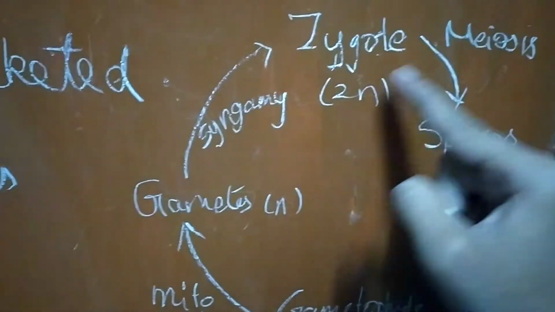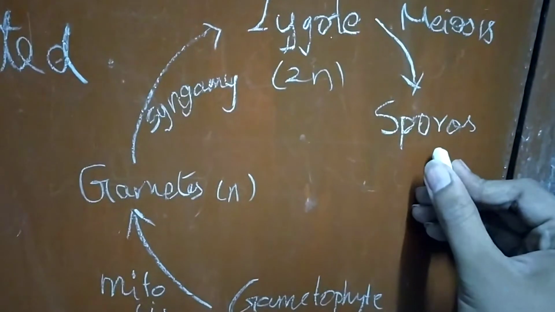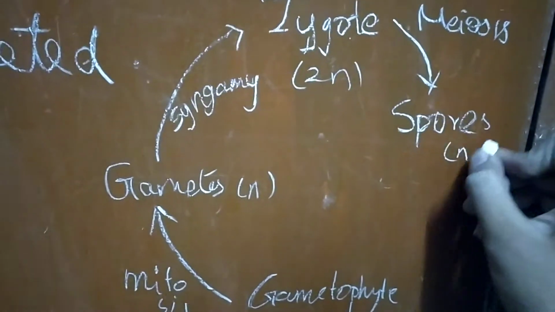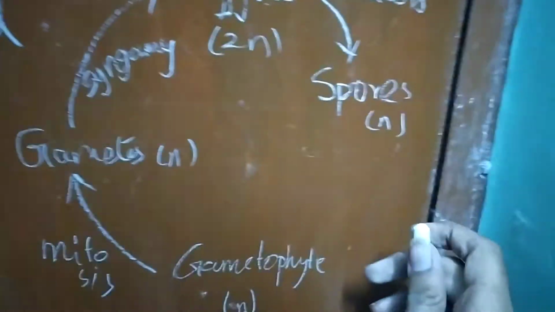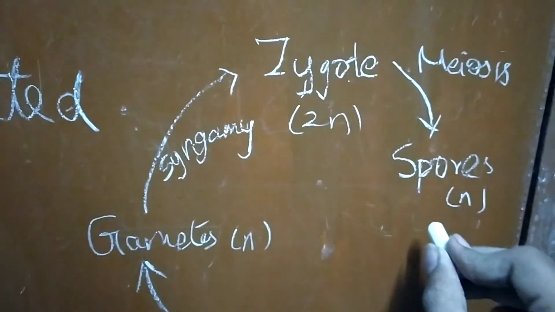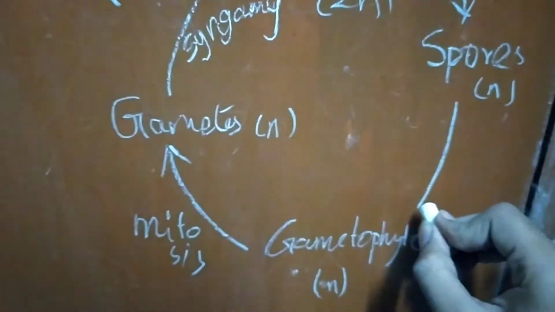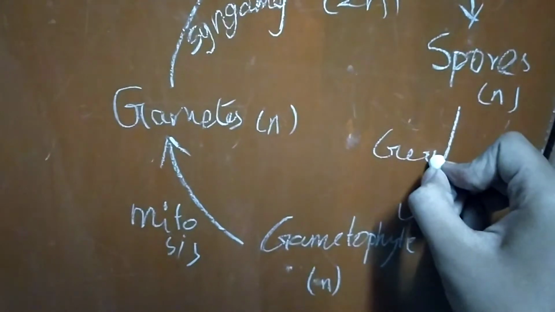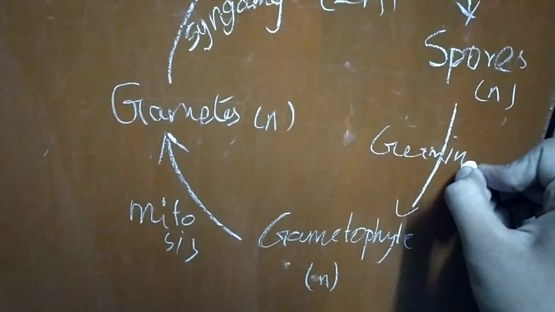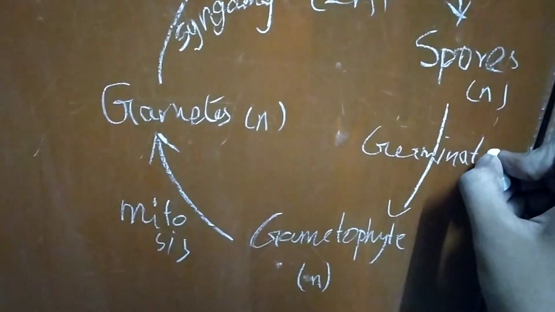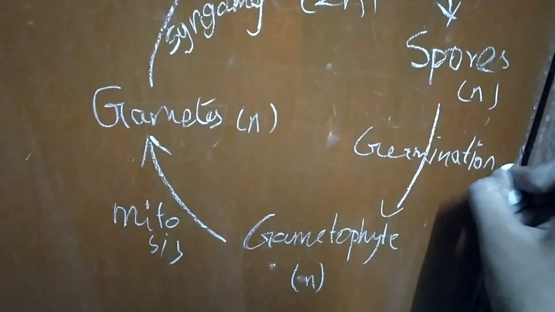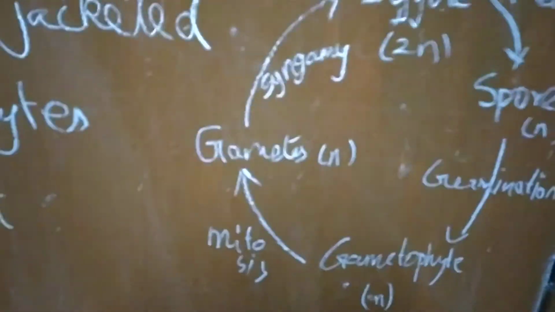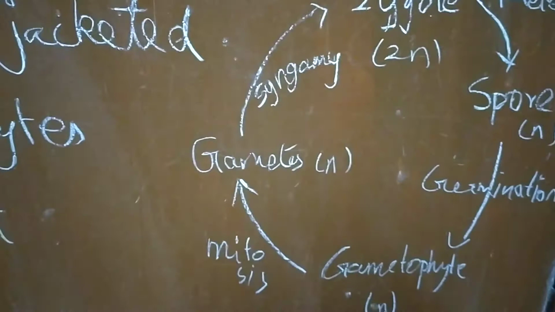So when 2n undergoes meiosis, it gives rise to n spores, four spores, and these spores again germinate to form the gametophyte. Germination. Okay, so this is the life cycle.